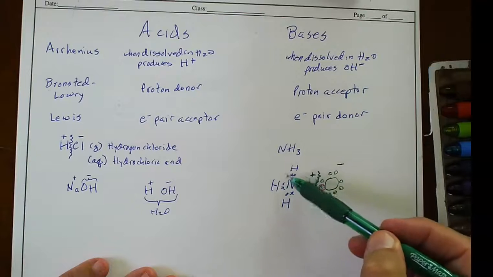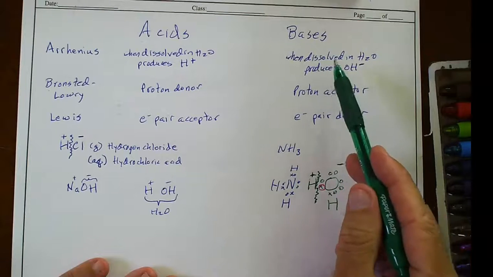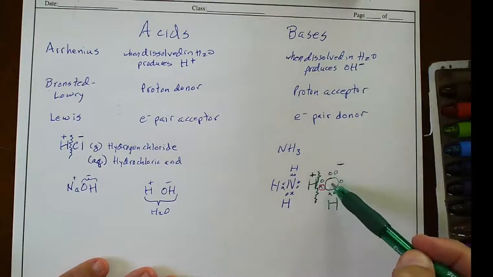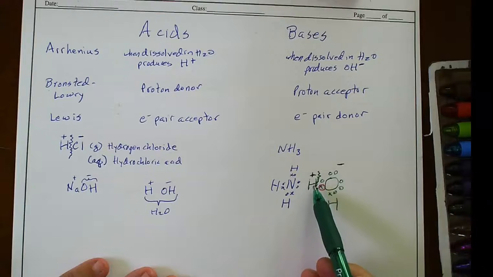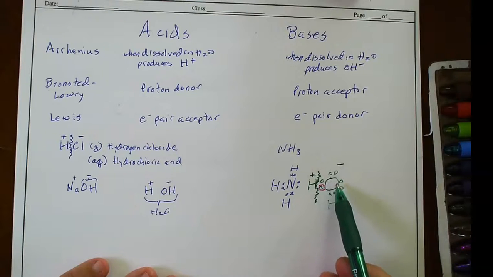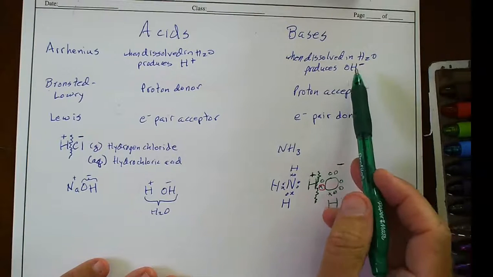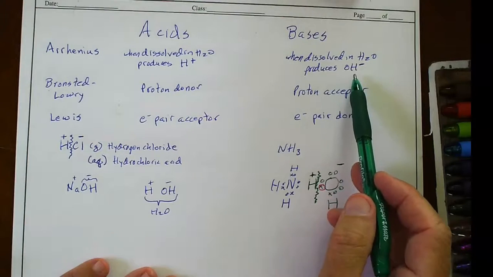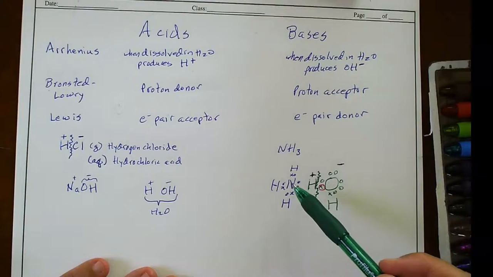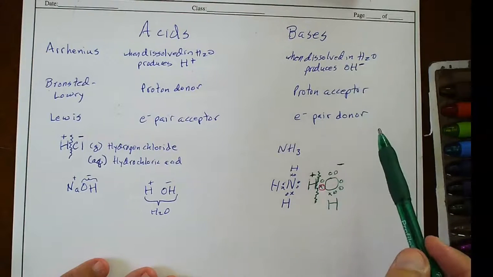So when we put the ammonia and dissolved it in water, a proton is transferred from water to the ammonia, turning it into ammonium and creating hydroxide. So we satisfied the Arrhenius definition by producing hydroxide when we dissolve the ammonia in water.